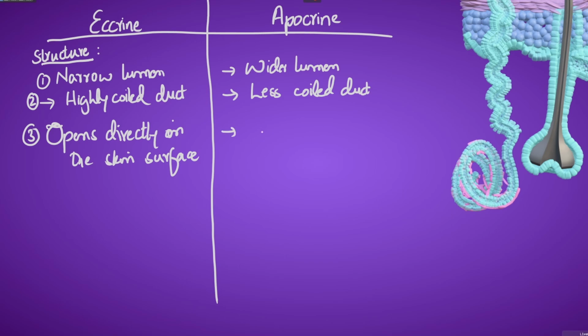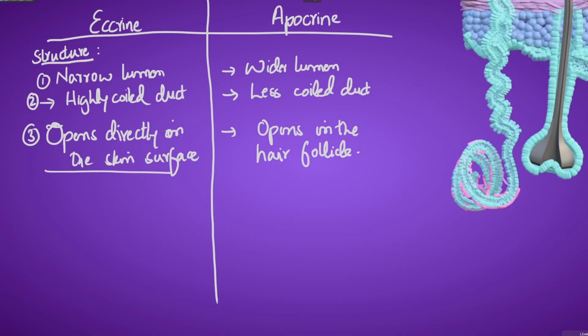Sometimes it does, but mostly it does not open directly on the skin surface, but opens in the pilosebaceous canal, or I can simply write it, it opens in the hair follicle. This is the third difference.